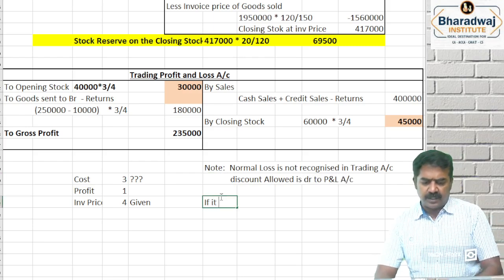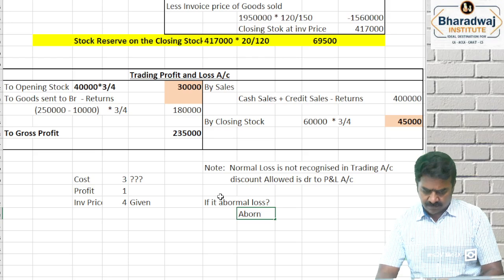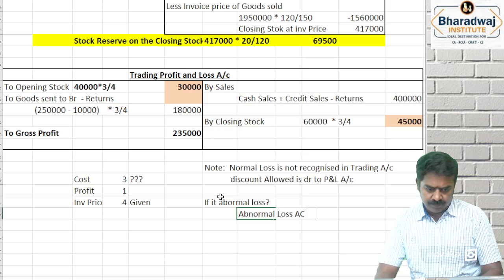Suppose it is abnormal loss, journal entry will be abnormal loss account debit, to trading account.